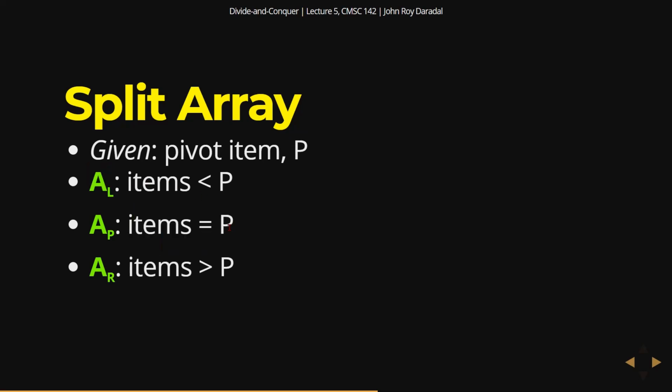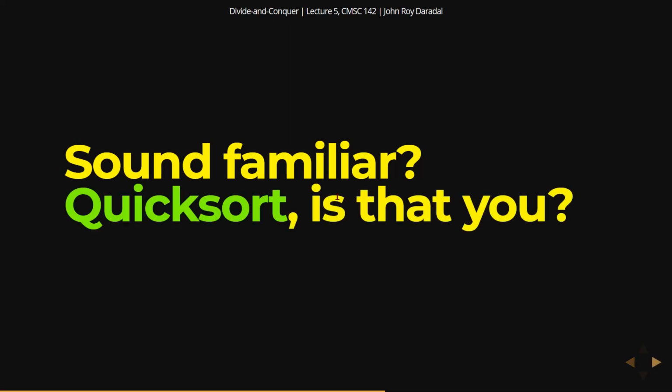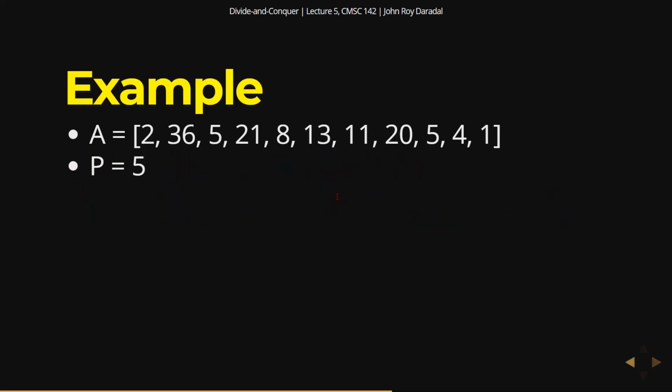Items that are equal to P, because there could be multiple items that match the pivot, we put in A sub P. And items that are greater than the pivot are placed in A sub R. If this sounds familiar, it's because it's similar to quicksort, wherein you use the pivot and partition the array to put items less than the pivot to the left and items greater than the pivot to the right. So it's more or less the same idea, right?